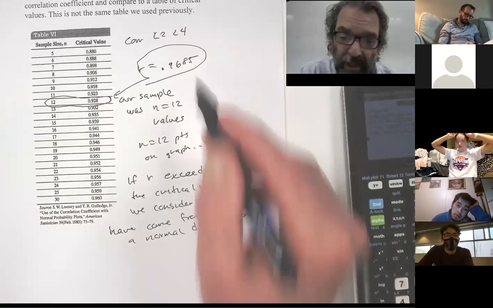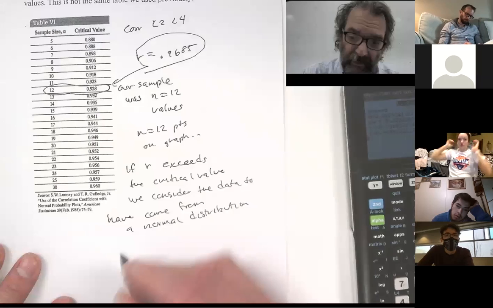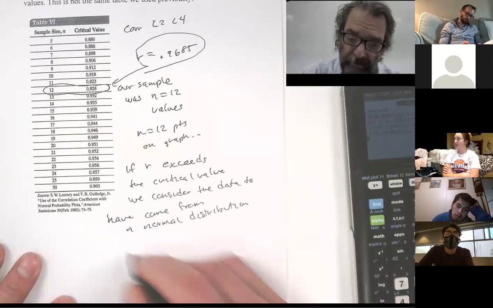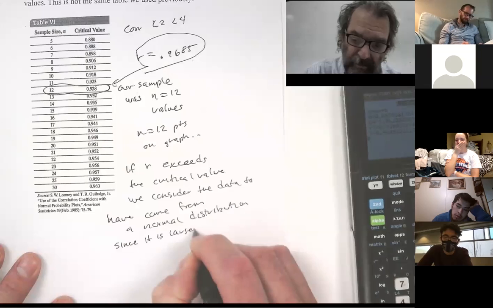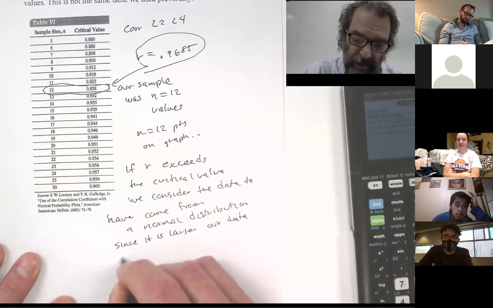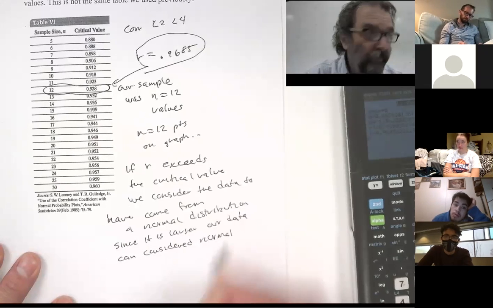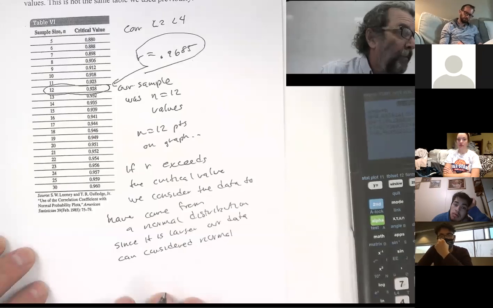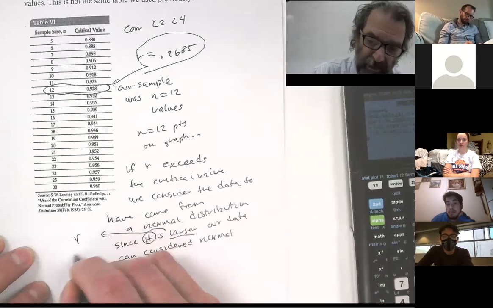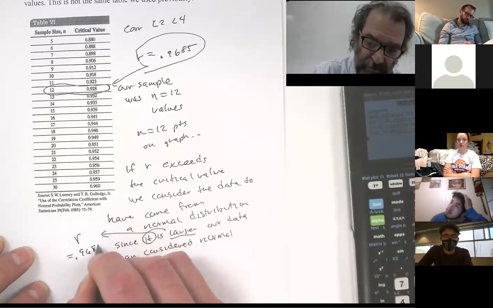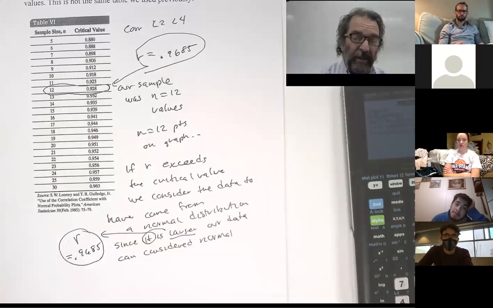So this 0.9685 is bigger than 0.928. Since it is larger, our data can be considered normal. Since R equals 0.9685 is larger than the 0.928, the data can be considered normal.